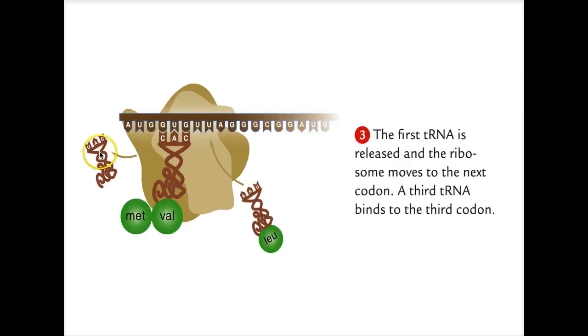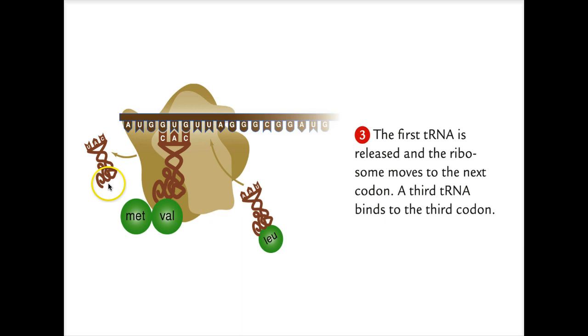The next step, notice the ribosome has moved down the messenger RNA. So now the AUG is not being read by the ribosome. So the tRNA that was sitting in the slot where the AUG was now leaves.